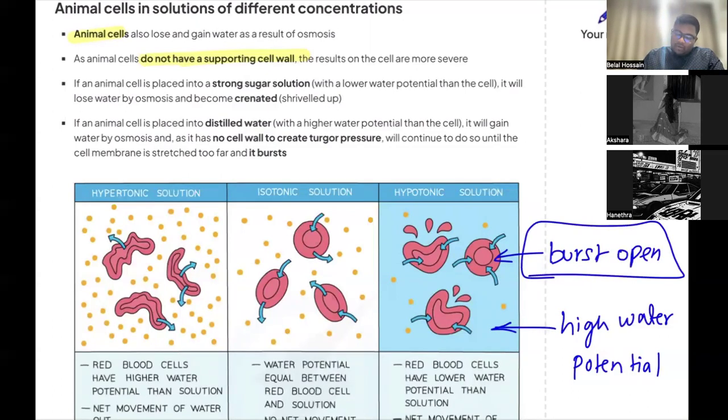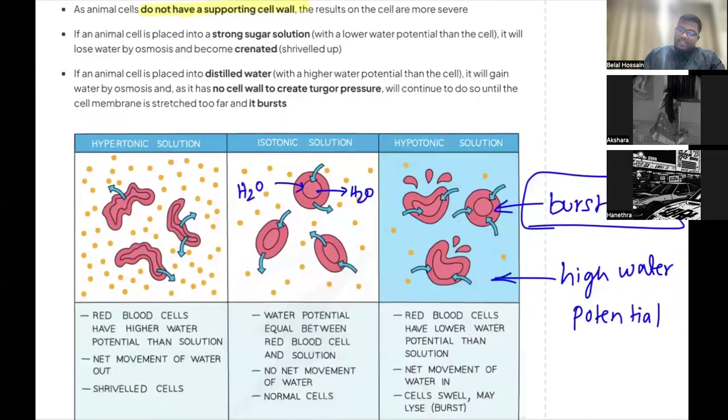If we put our cells in isotonic solution, then if one water molecule enters our red blood cell, one water molecule will leave, so we will not have any problem maintaining the red blood cell shape. So our blood is always isotonic.